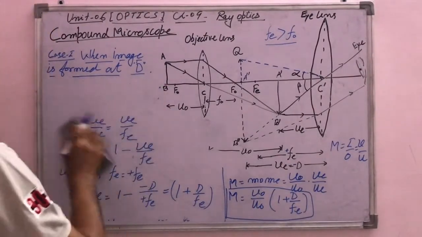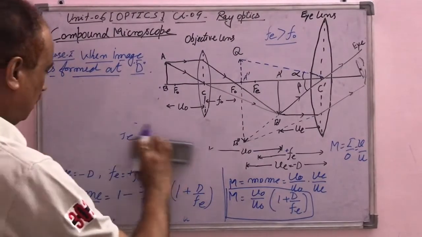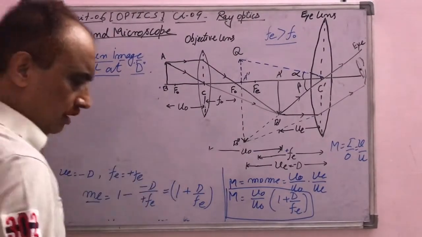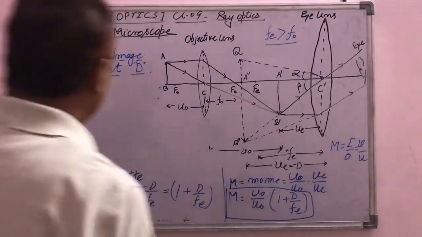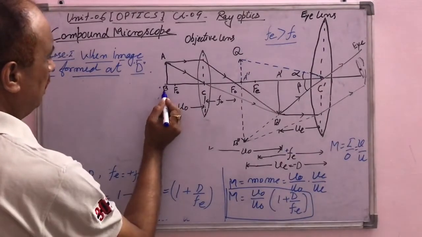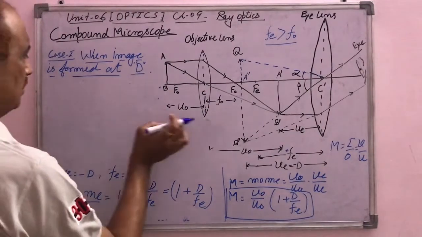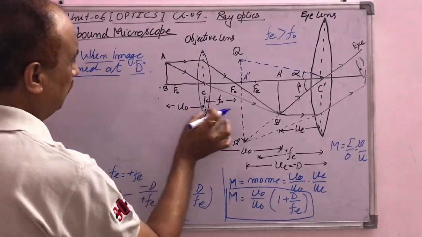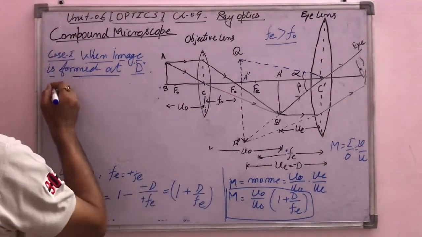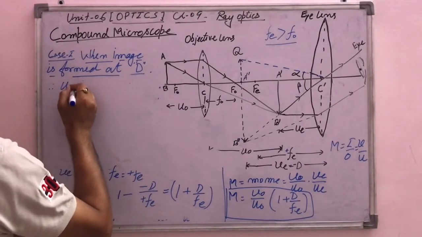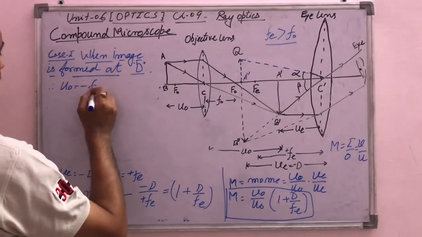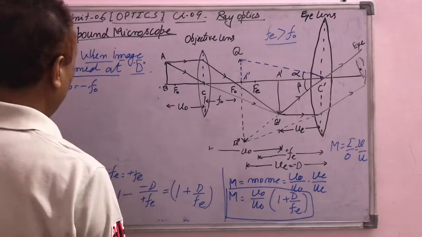There is another case in this formula. Suppose the object AB is placed at the focal point of the objective lens. Now this distance uo will be equal to fo. Therefore uo can be replaced by minus fo because it is negative.